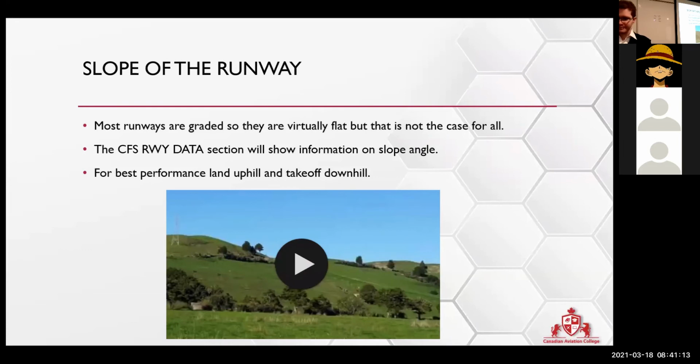Okay. Now, what I would say to you guys is make sure that you know if you're going to be landing uphill or downhill. The reason for that is because it can catch a few people. If this is your runway going downhill, and you're just about to flare, so you're power idle, you bring it back, and then you're just going to flare.